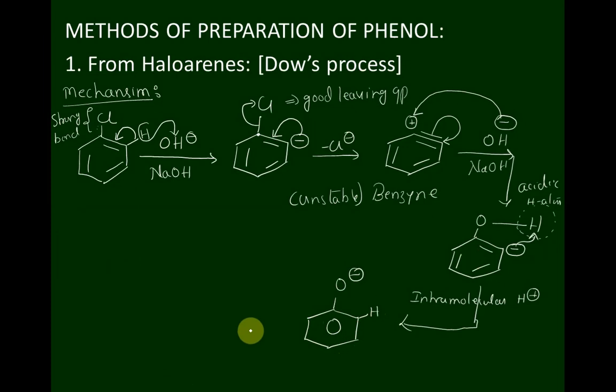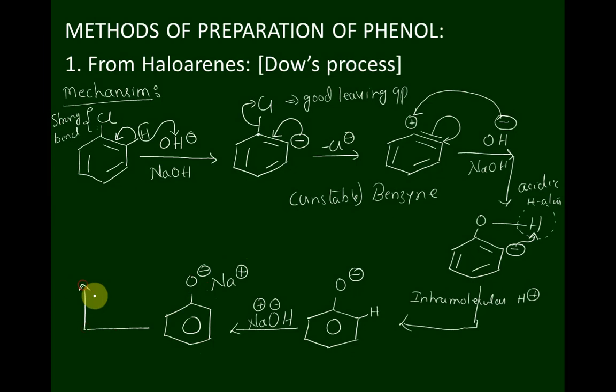Now this phenoxide ion is treated with sodium hydroxide solution, Na plus OH minus, and we get O minus Na plus, which is subjected to acidification, minus NaCl. Phenol is obtained.